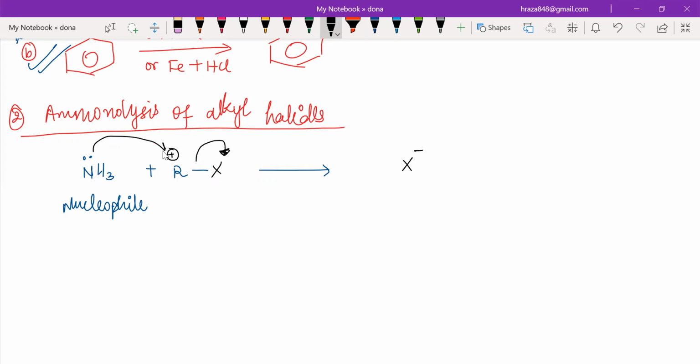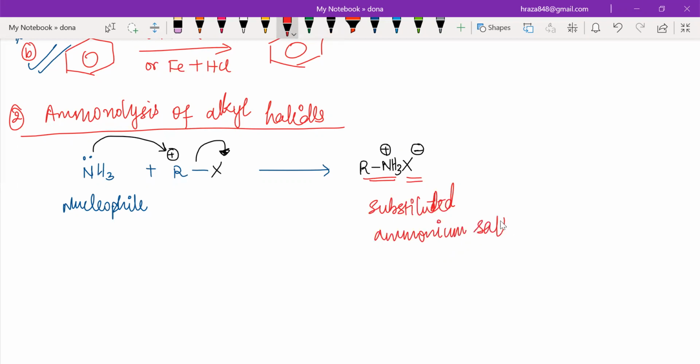So this will attack on this and it will form RNH3 positive. And you can see there will be an ionic bond between this RNH3 positive and X negative. And this is known as substituted ammonium salt. Are you getting my point how you get it, or should I explain it more?